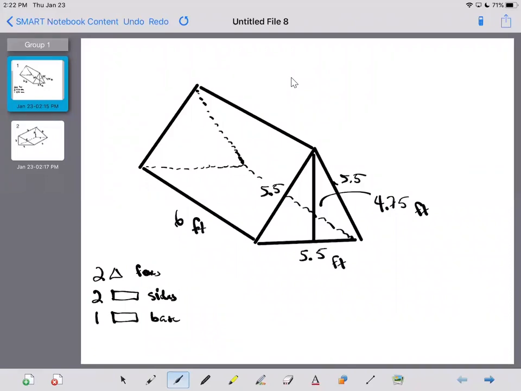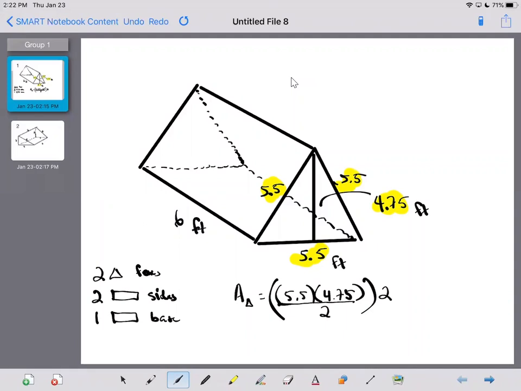So if I find the area of the two triangles, notice that all the sides are 5.5 and the height is 4 7/75. If I take 5.5 and multiply it by 4 7/75, I have to divide that by 2, but I'm just going to multiply that result by 2 because there are two triangles.